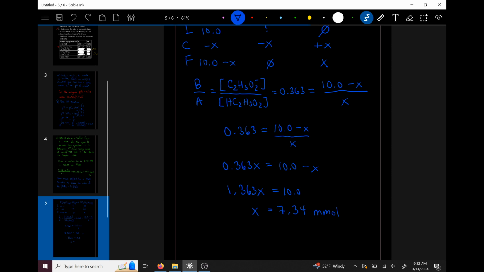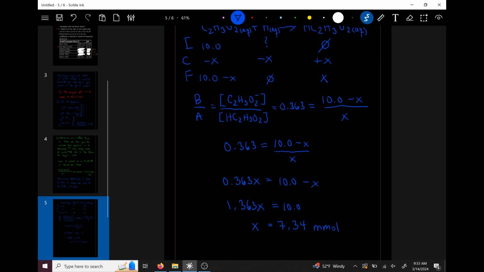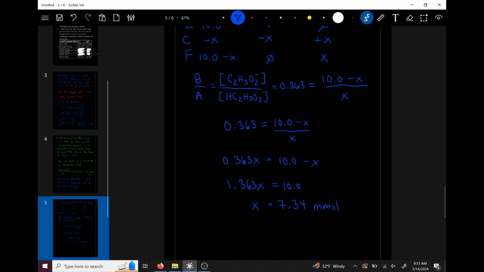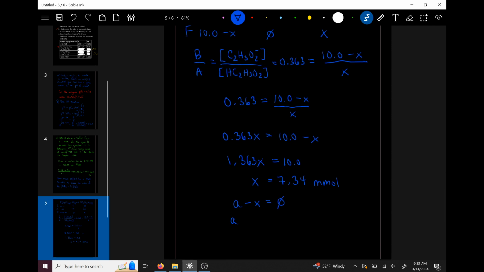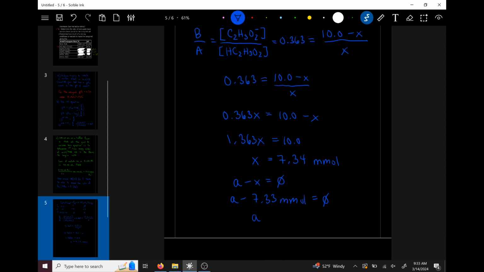Now, if I know that this x is equal to 7.34, then I know that the initial amount here, let's call this A, minus x is equal to 0. A minus 7.33 millimoles is equal to 0, which means the amount of acid that I have to add is 7.33 millimoles.